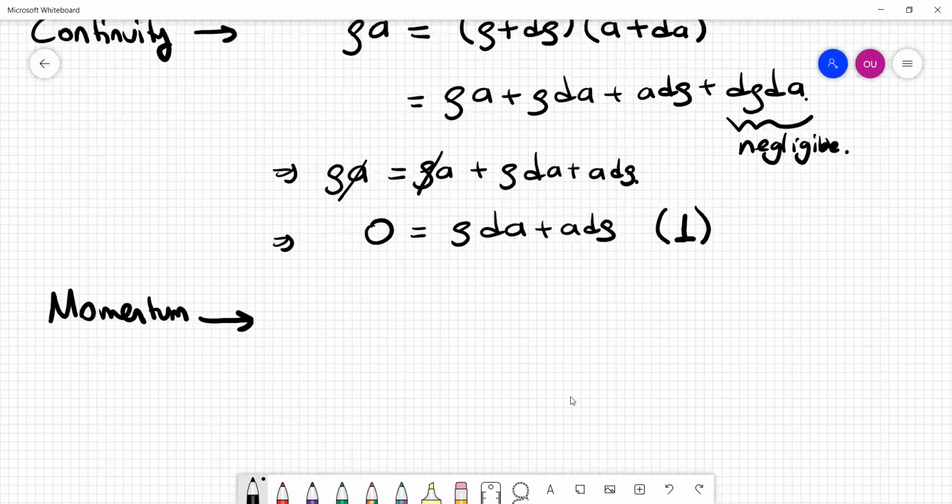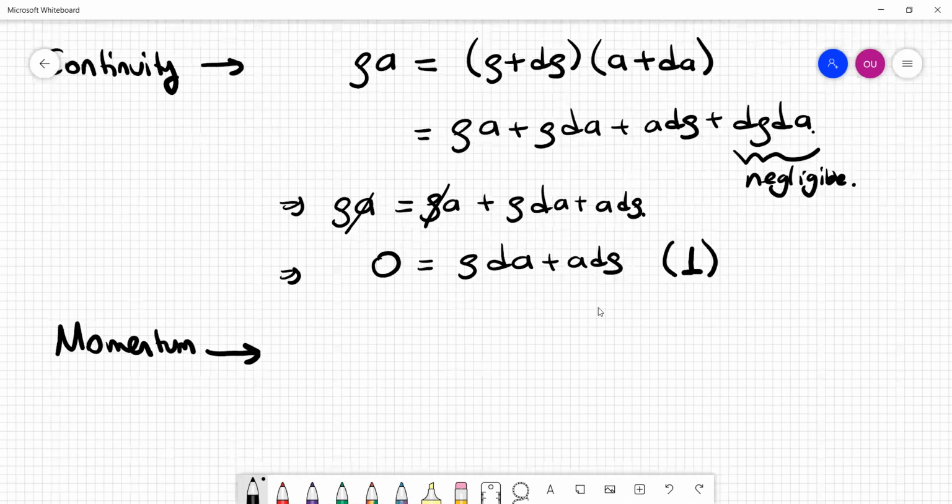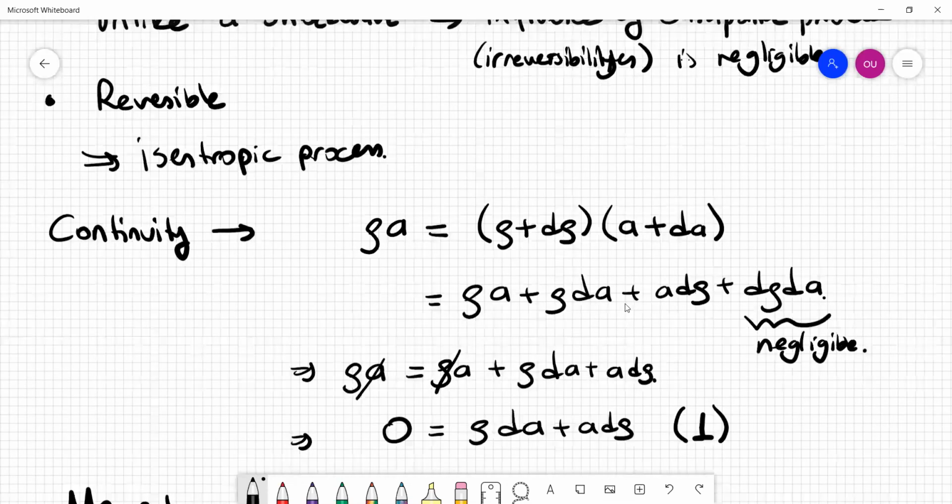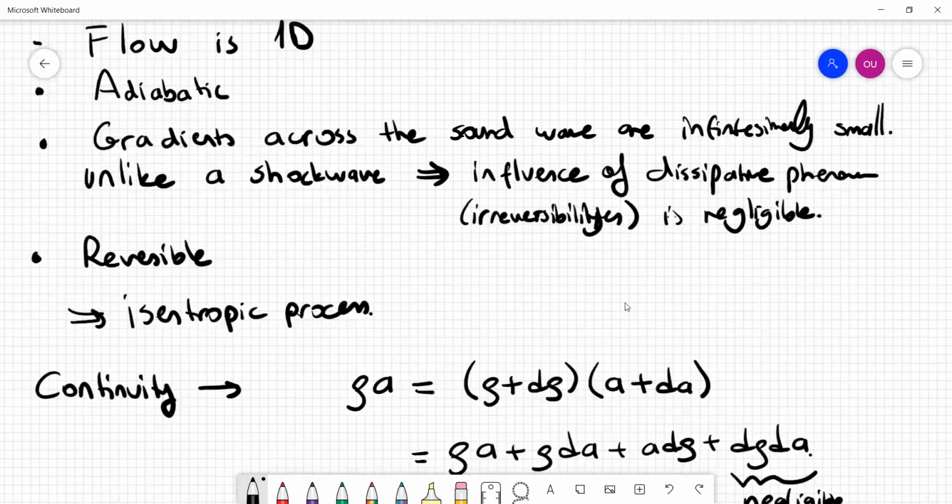Viscous effects. Because of the fact that I just told you, in a sound wave, these effects are negligible. So the viscous effects, frictional effects are negligible. Why? Because the changes are infinitesimal. There's a very tiny amount of change happening to pressure, for example. These changes are very small, so gradients are very small in a sound wave. Not the case for a normal shock wave.